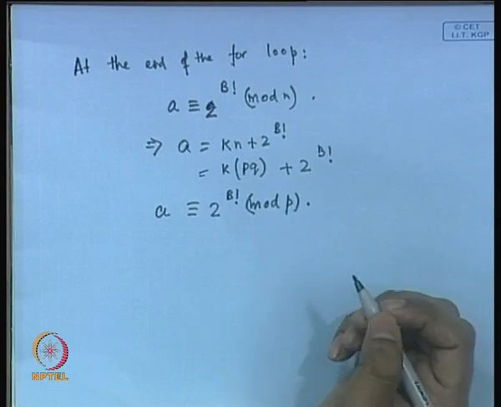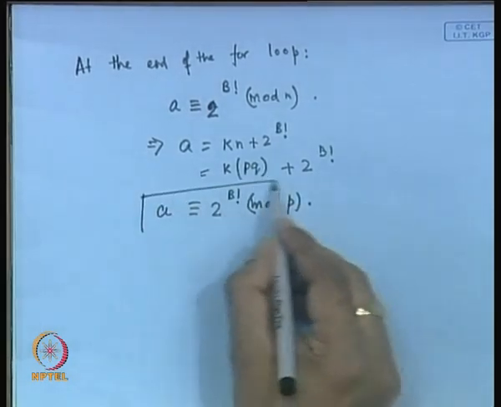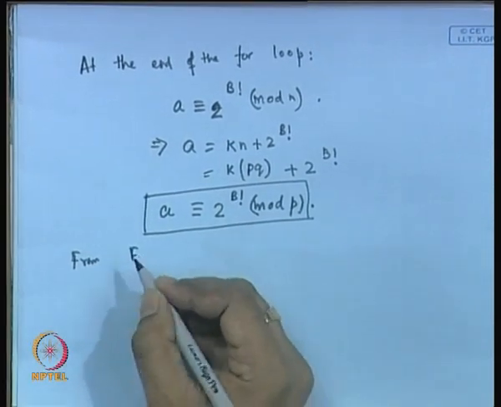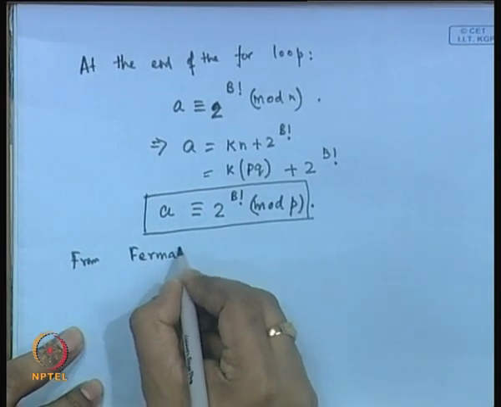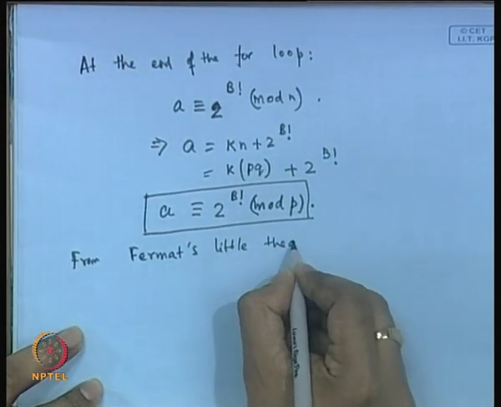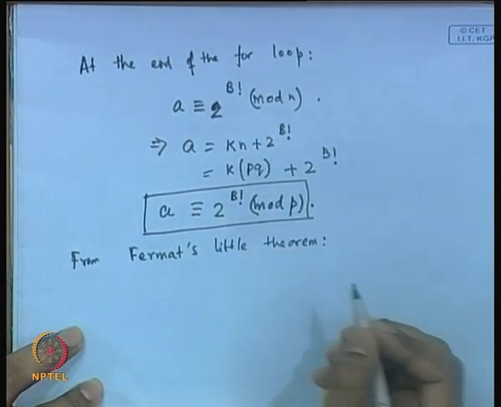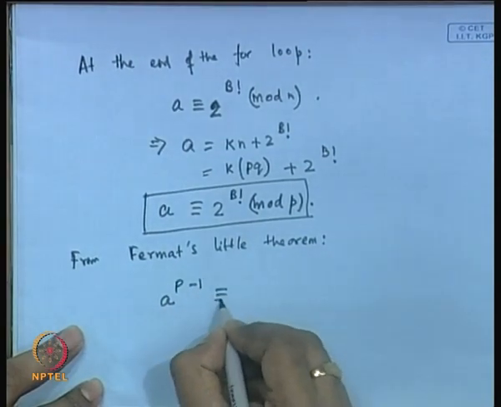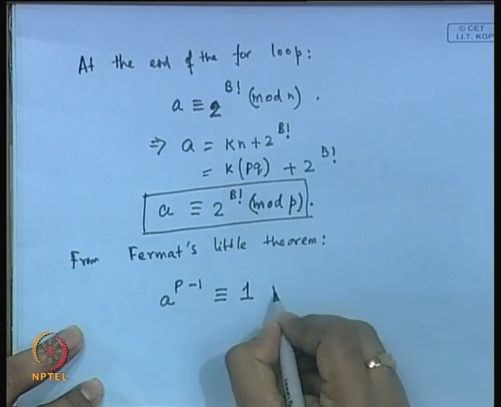So, from Fermat's little theorem we know that a to the power of p minus 1 is equal to 1 modulo p.